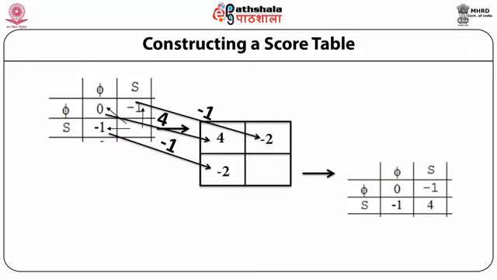Following the dynamic programming algorithm, fill the score table for residue alignment using the substitution matrix BLOSUM 62. In dynamic programming, 4 cells in the score table are considered at each step.